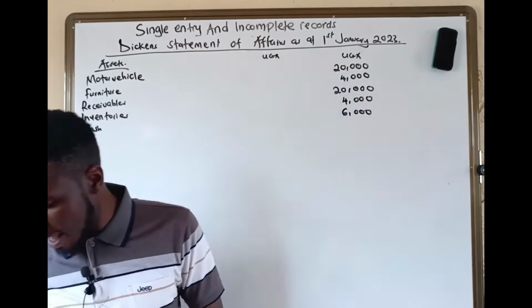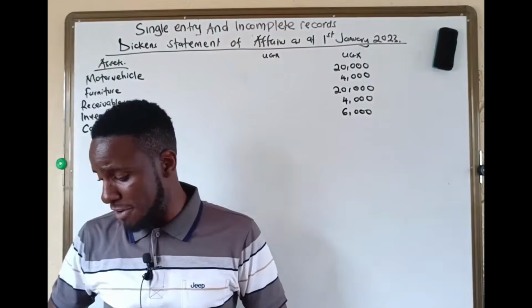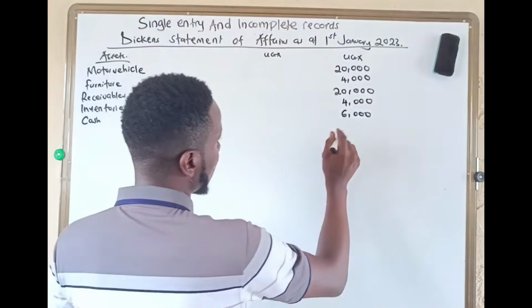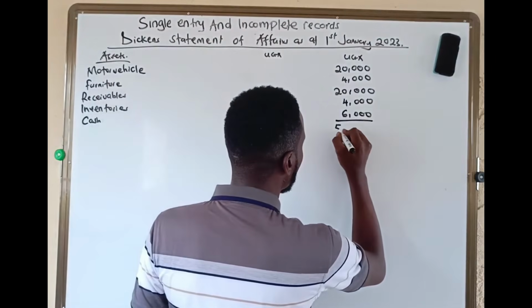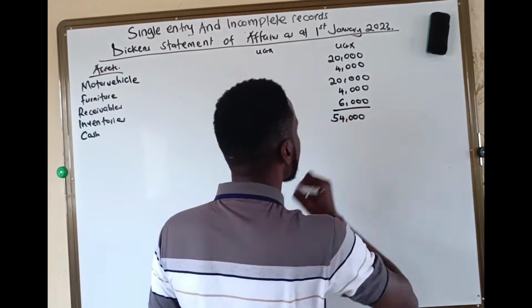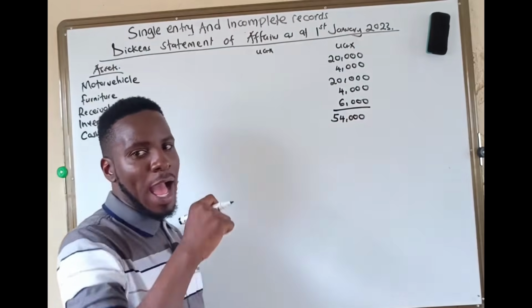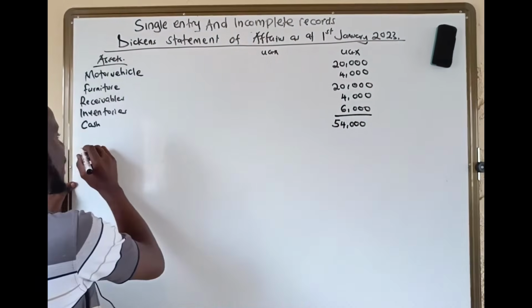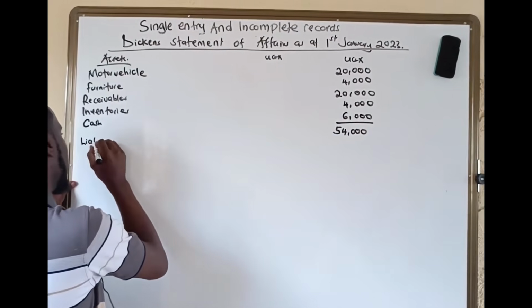Do we have any other? No, we do not have any other. So when you get the total here, we are going to get 54,000 as our total assets at the beginning of the year. Then we are supposed to take off the liabilities at the start of the year.